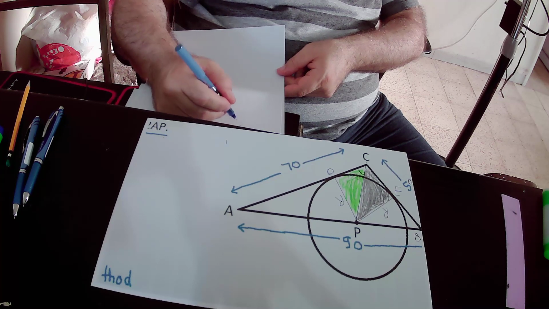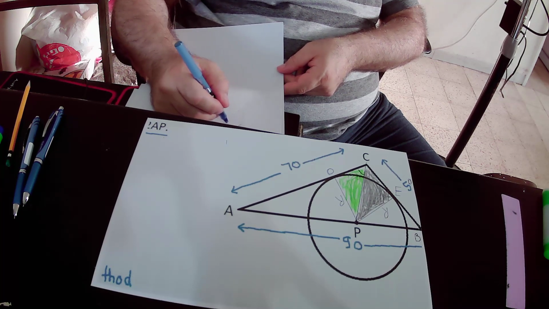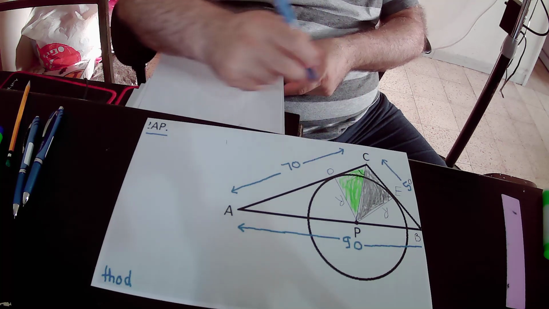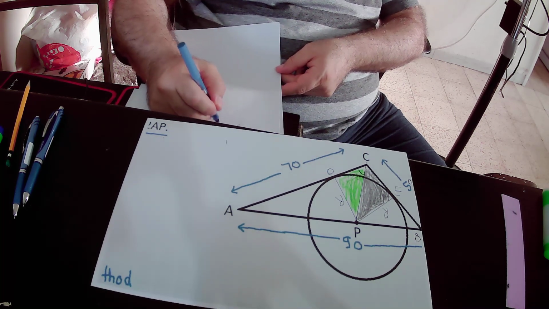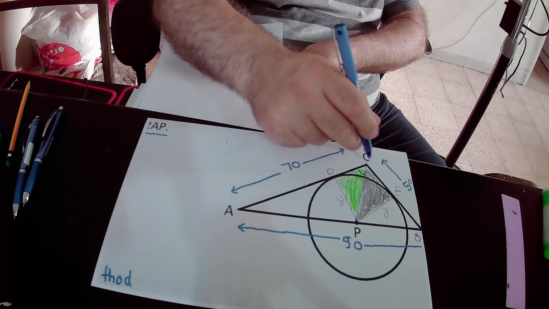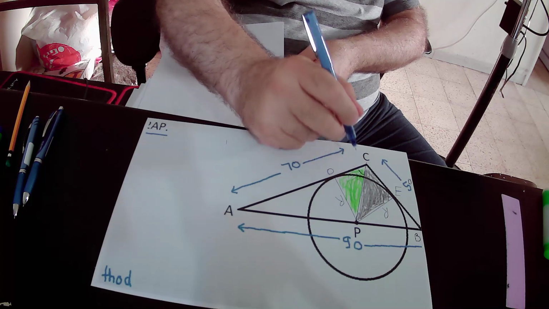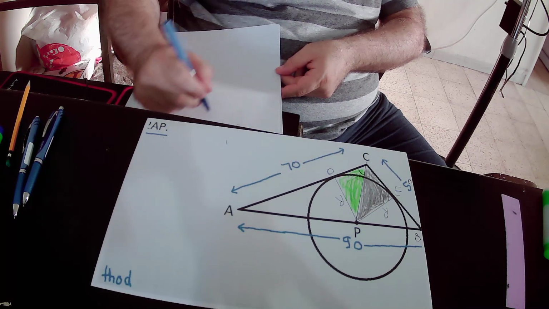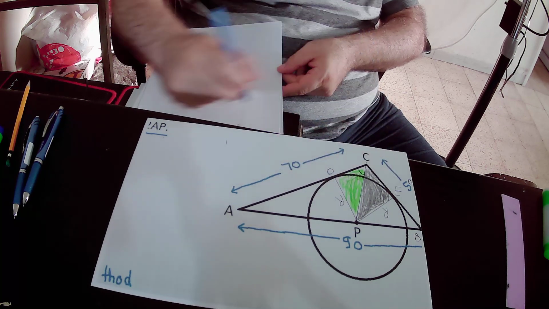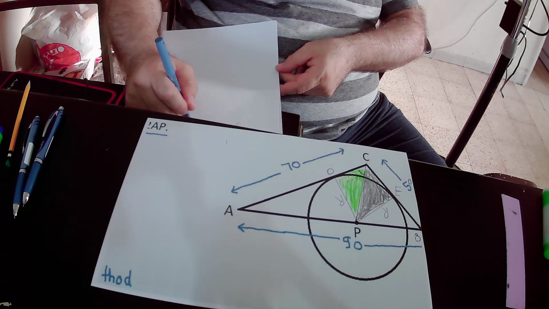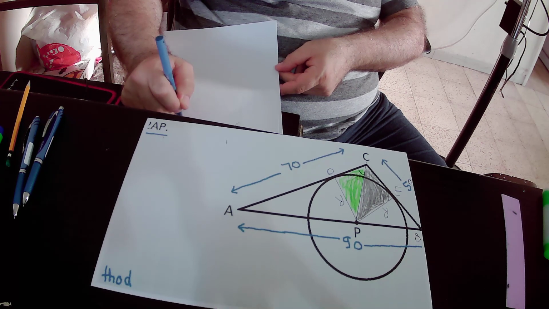Angle PCO in the green triangle is equal to angle PCE in the black triangle.